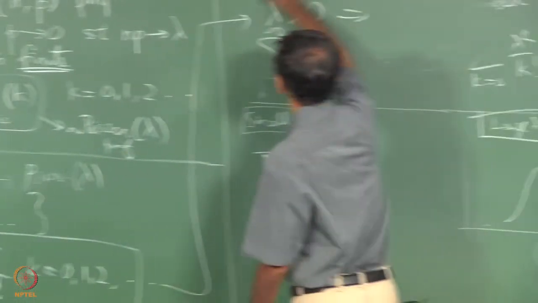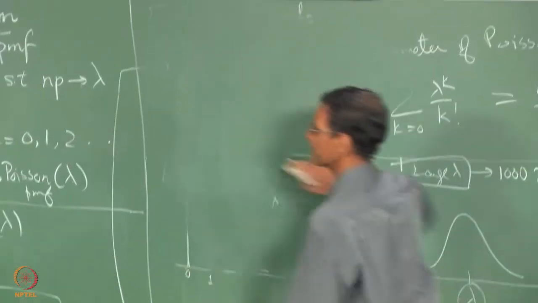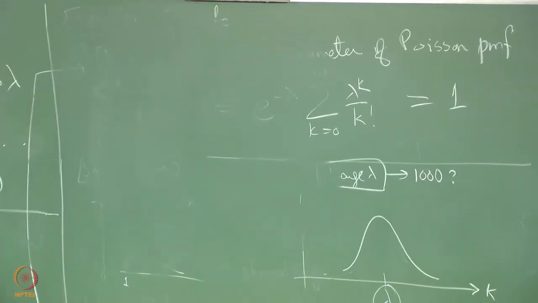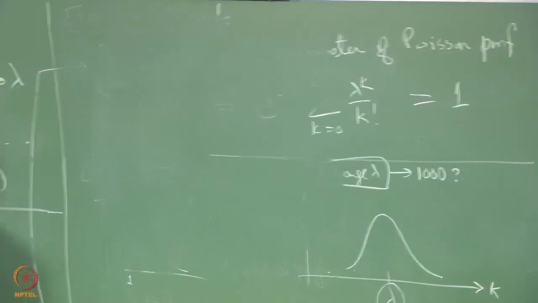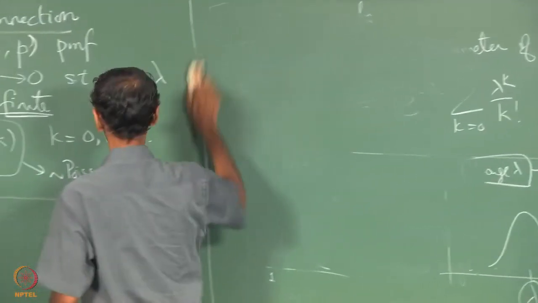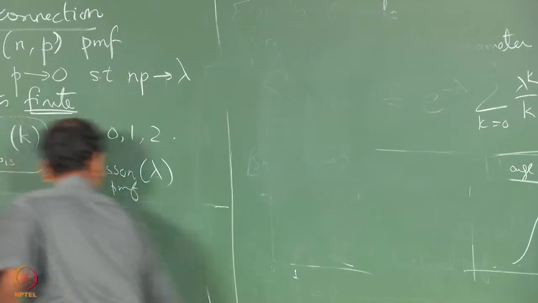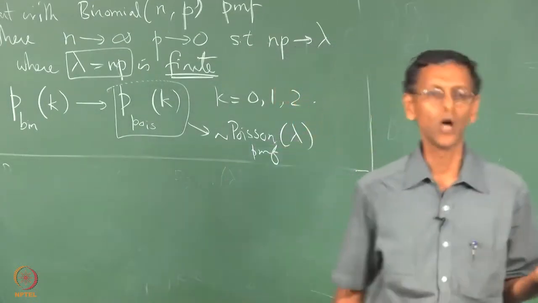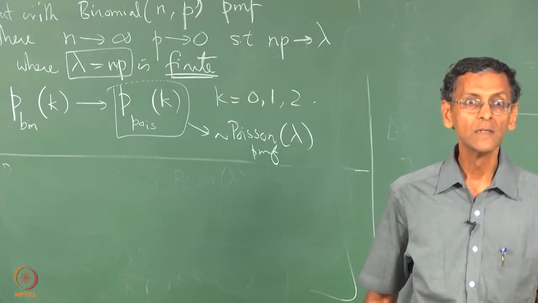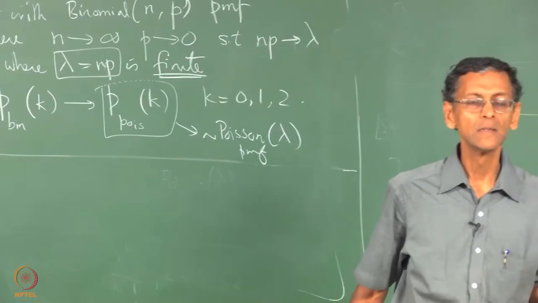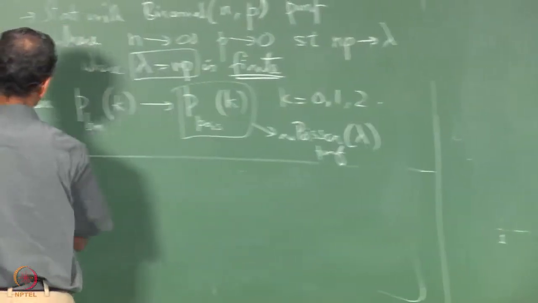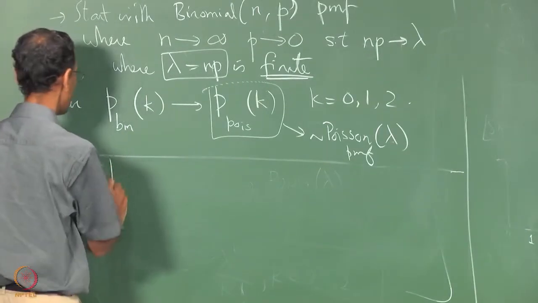Let me just say one small thing about it. How do I, for example, show that P of 0 converges? Take the simplest, that's the first probability itself. What is P binomial of 0?